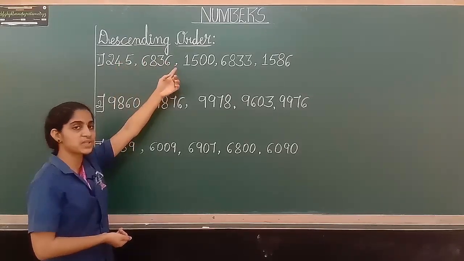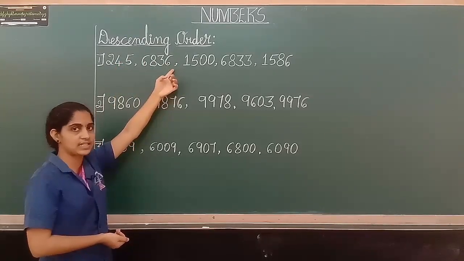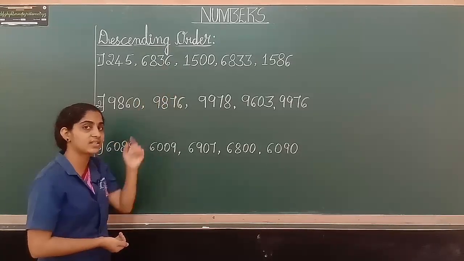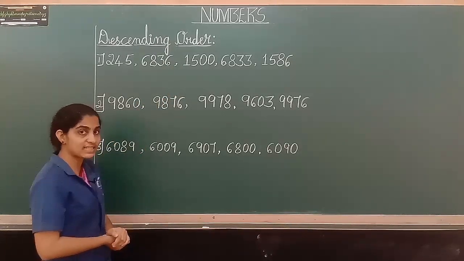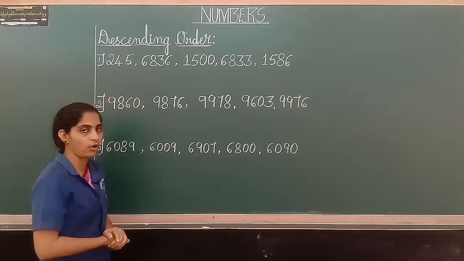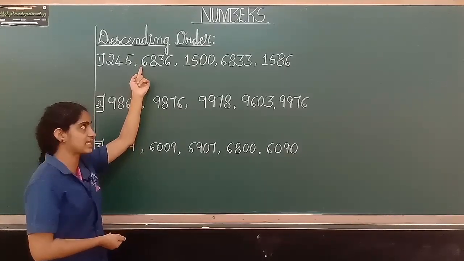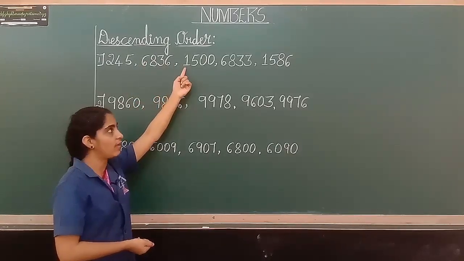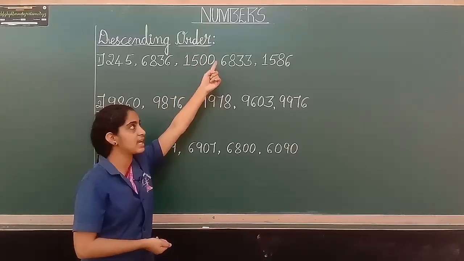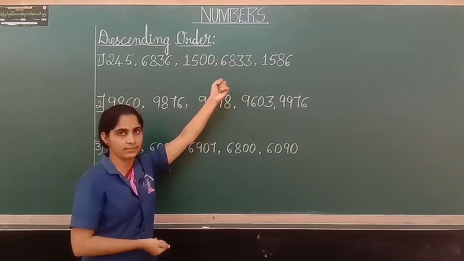So, we have to see in these 4-digit numbers which is the greater number. So, what is the first step? We have to see the first digit of each number. So here we have 6, here we have 1, again we have 6 and again we have 1.